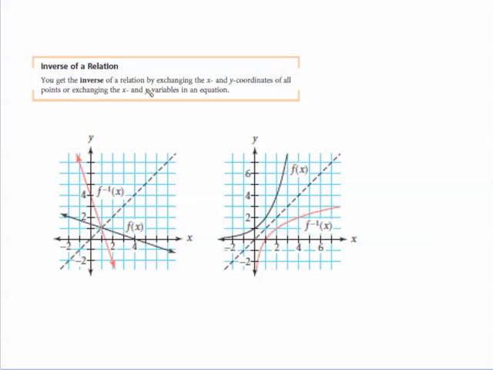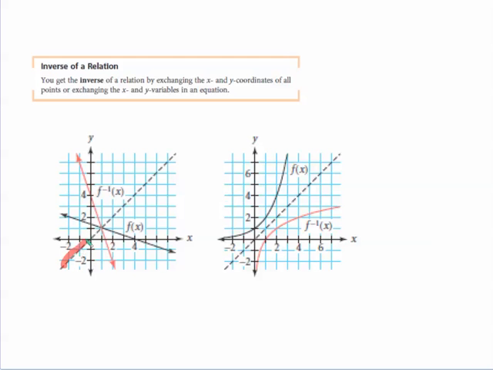Inverse of a relation. To get an inverse of a relation, you exchange the x and y coordinates of all the points by exchanging x and y variables in the equation. Another way of doing that visually is to look to see if it is a reflection over the line y is equal to x.